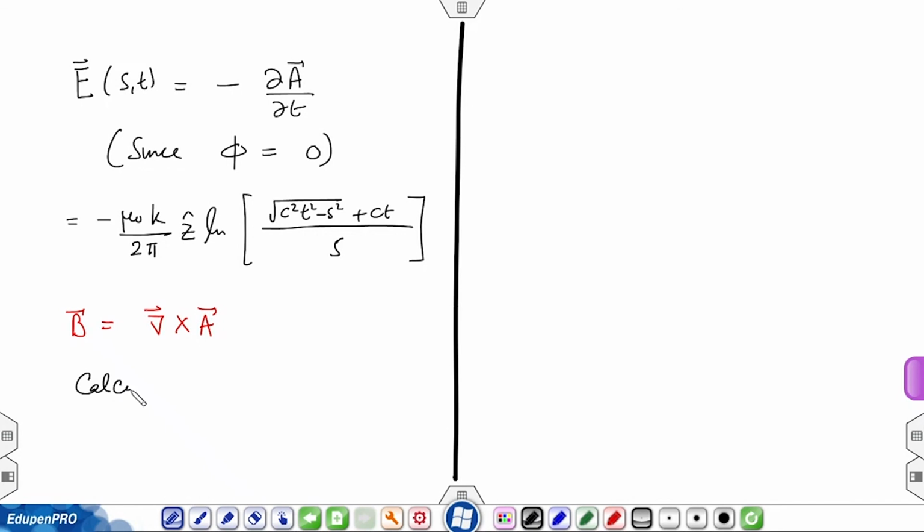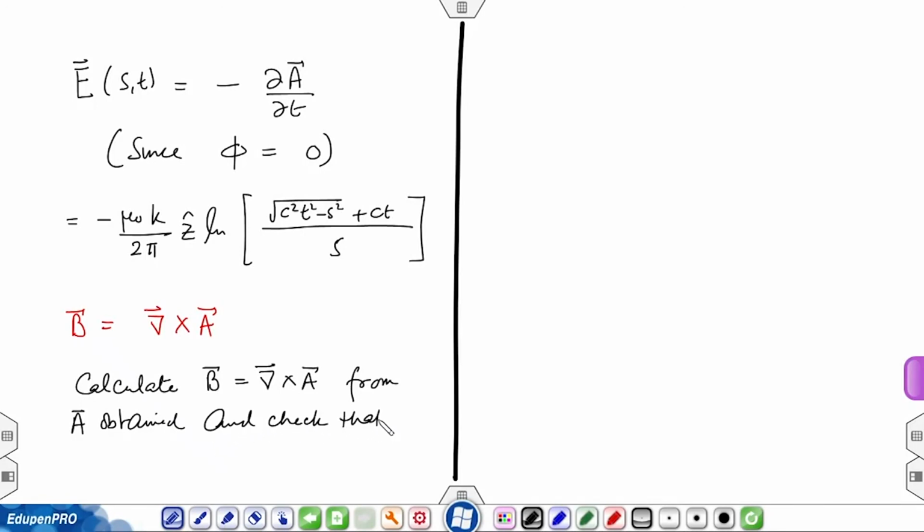Calculate B equals curl of A from A obtained, and check that it satisfies curl of E equals minus dB/dt.